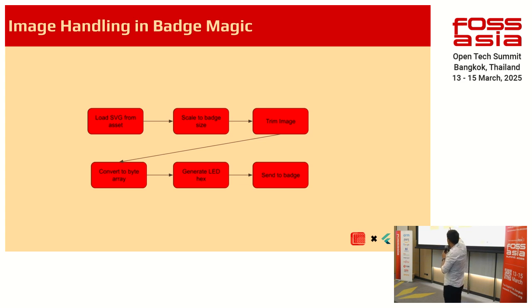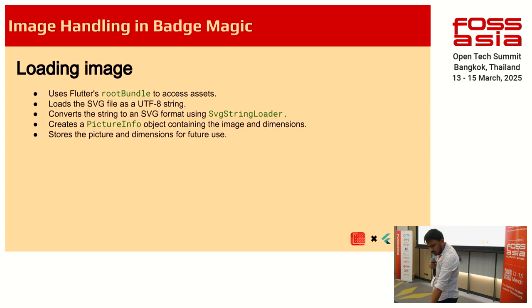So that's why we have these scale and trim functions. And then we directly convert it to a byte array and send it to a generate LED hex function. It's a function where we take the bytes and convert them to their hex value. And then we directly send it to the badge. So that's the whole workflow of how image handling happens in the Badge Magic application.